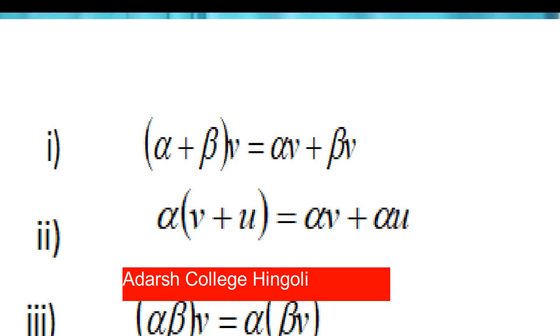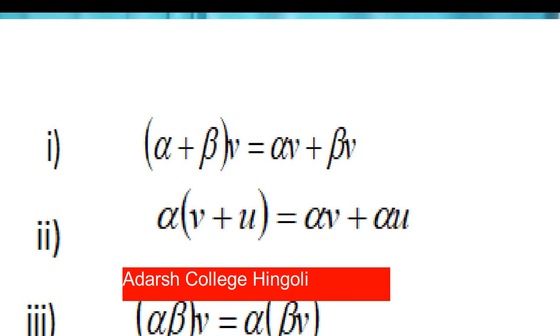In the second condition, we have taken two vectors u and v and multiplied by alpha. When alpha is multiplied by the sum v plus u, if this is equal to alpha v plus alpha u, this is the second condition of the vector space.